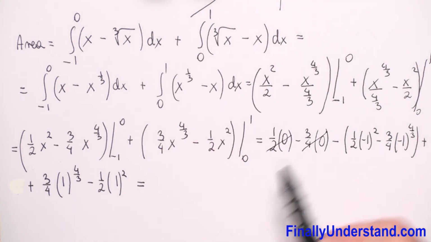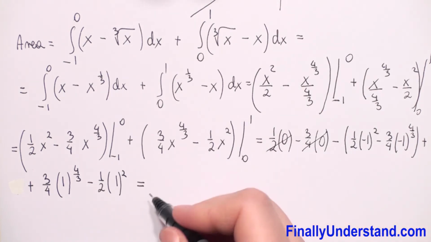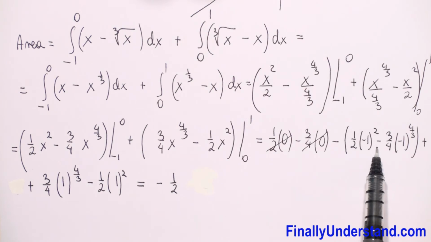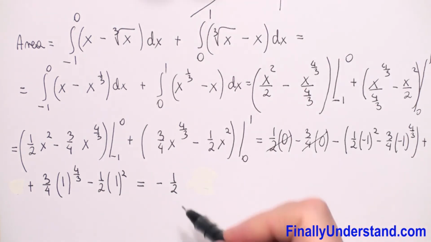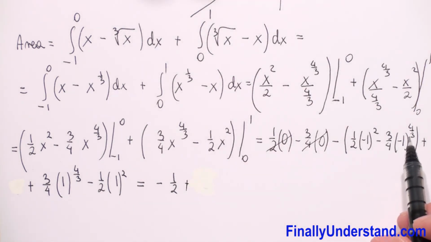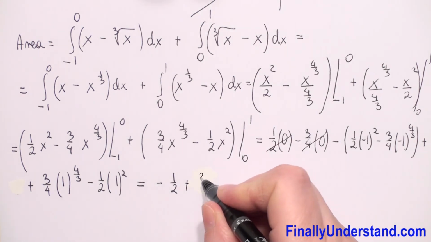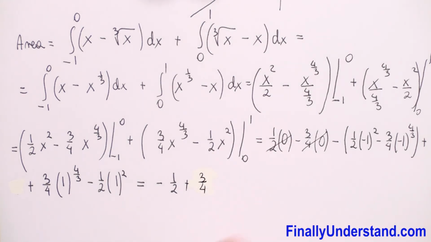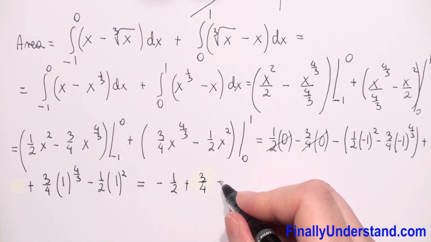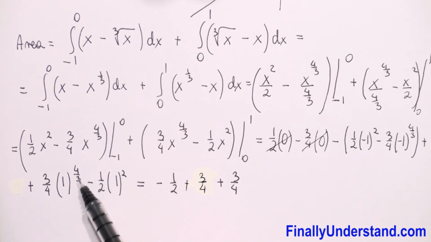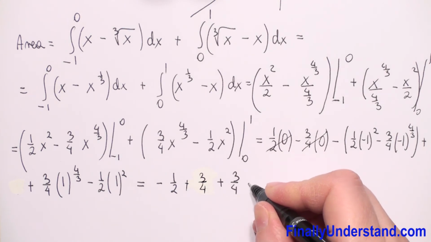So this is equal to negative 1/2, and negative and negative give positive, and negative 1 to the 4/3 power is the positive number 1. So we have 3/4 times 1 is 3/4, plus 3/4. 1 to the 4/3 power is 1, so we don't have to multiply, minus 1/2.